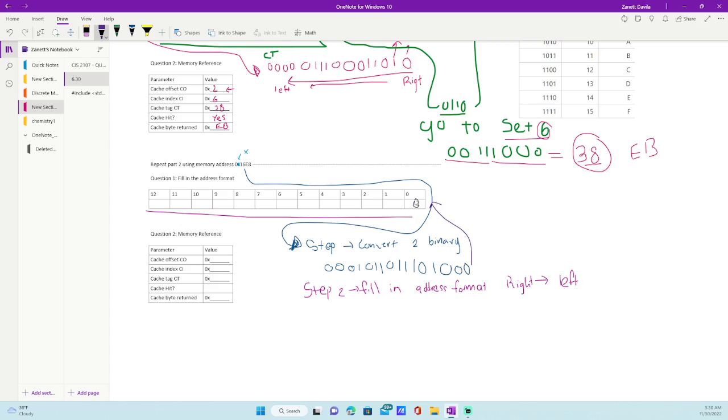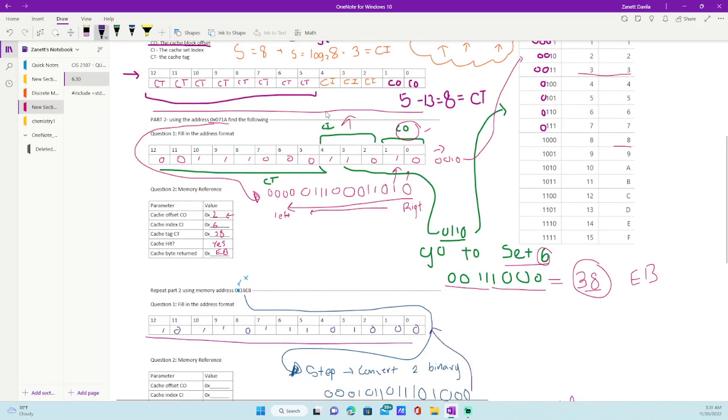So 0, 0, 0, 1, 0, 1, 1, 1, 0, 1, 1, 0, 1. Now you already know the deal because we've already identified our block offset, set index, cache tag.